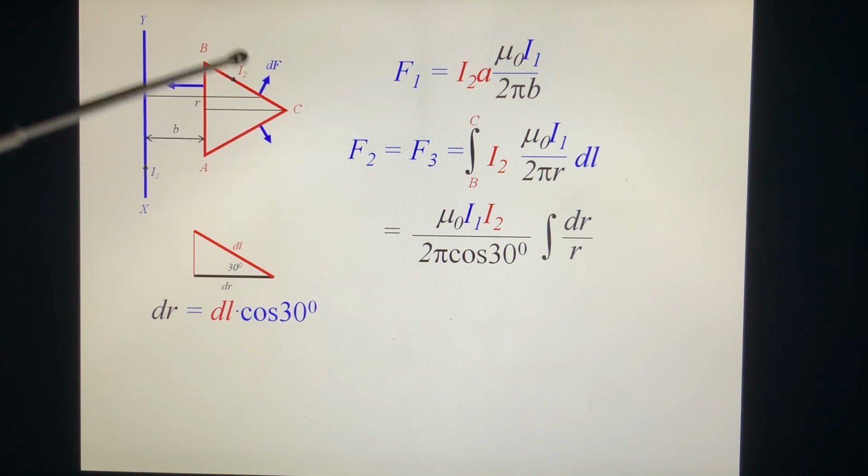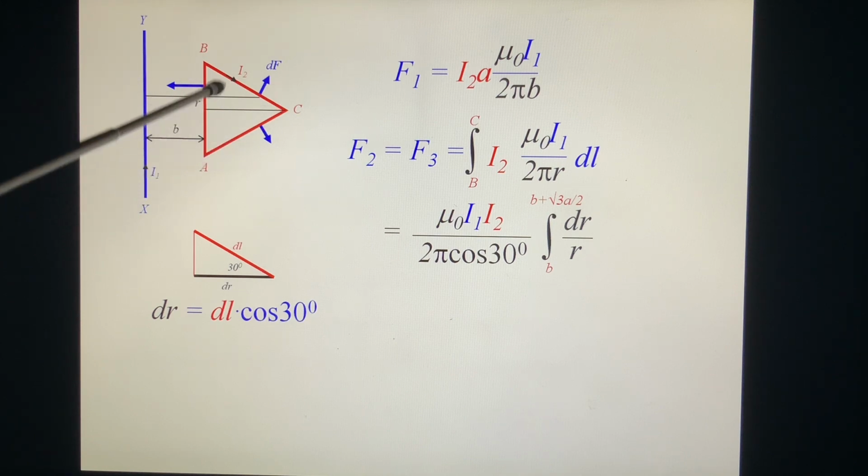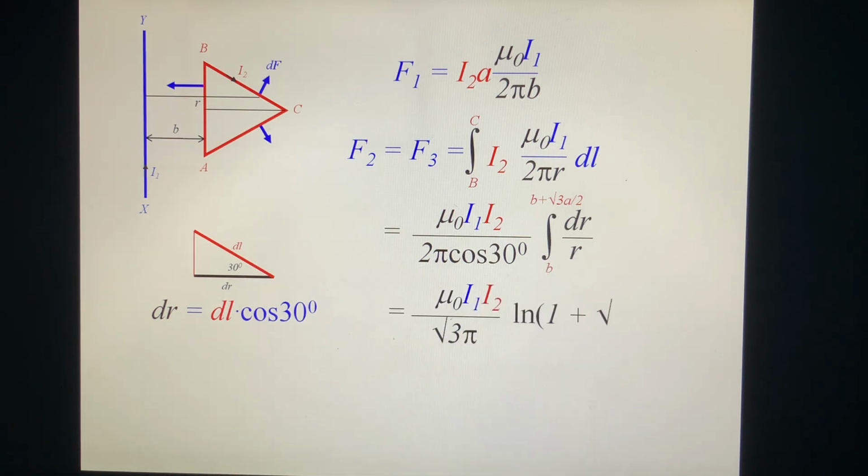So the R at this point is B plus square root 3 A over 2. The length of the triangle side is A. Now this is very easy. We get the log, and we put it in, so you get the answer.